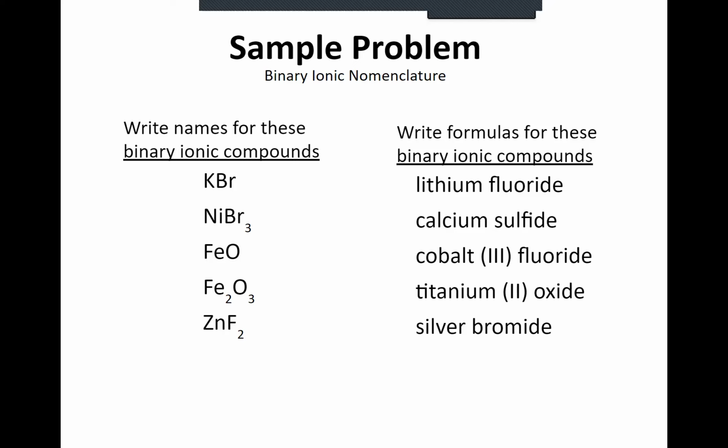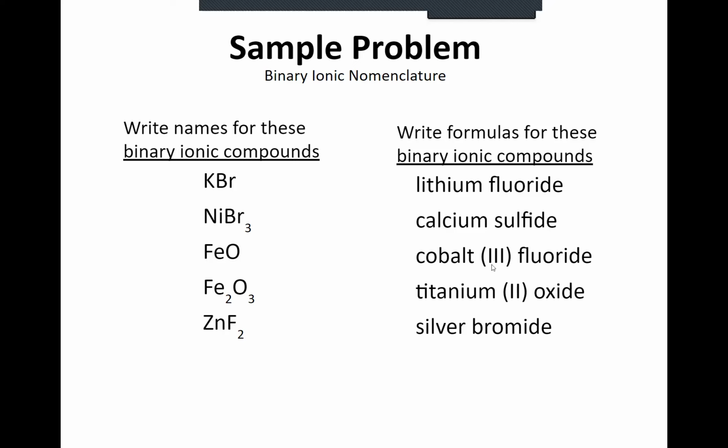Just because the magnitude of charge is 2 does not necessarily mean that you have a subscript of 2 in the formula. What you're really asking is how many atoms of calcium pair with how many atoms of sulfur to make the charges balance. Well, it's a +2 and a -2. They're already balanced. So one atom of each, CaS, is the formula for calcium sulfide.